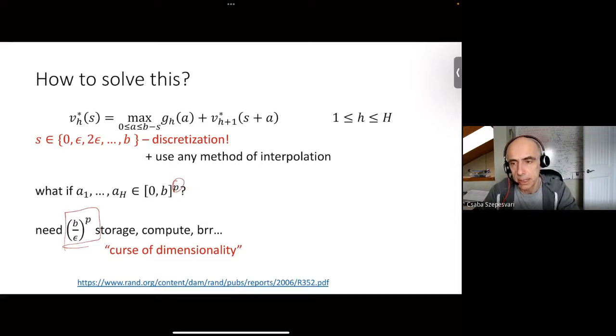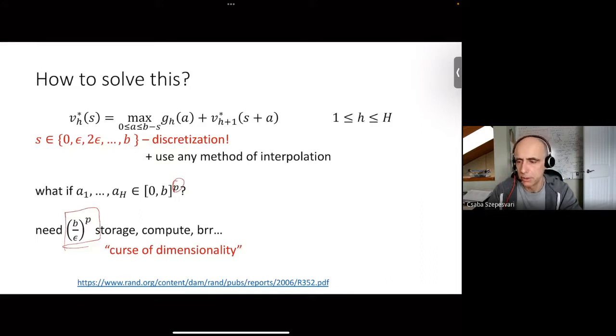And if p is growing, it's getting large, then this grows really, really fast. And it very quickly grows larger than what you can store on your computer, especially in 1963. But even today, this is exponential growth in p. It's really bad. So you can't really hope to solve, I don't know, 100-dimensional problems this way.